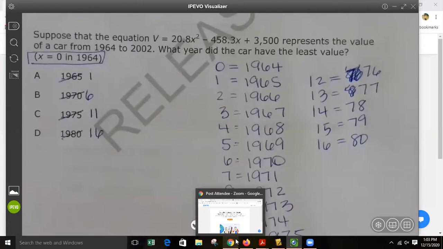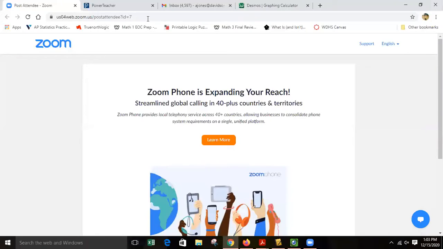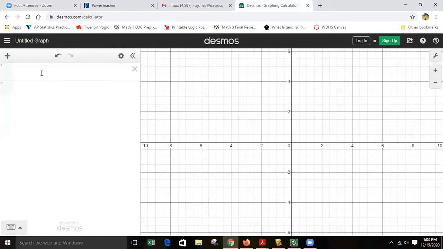All right. So Desmos is here. We're going to do our 20.8. Our X for A is 1 to the second, minus 458.3 times X is 1, plus 3,500.